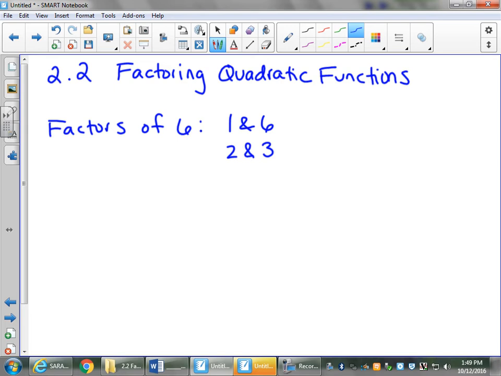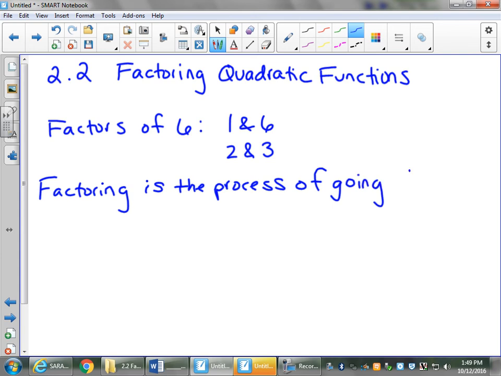In terms of quadratic functions, and apparently the calligraphy pen's not working, factoring is going to be the process of going from standard form to what we have been calling intercept form.